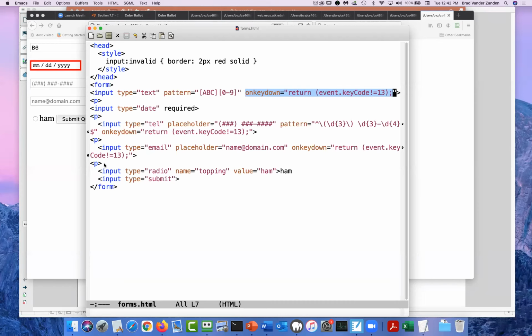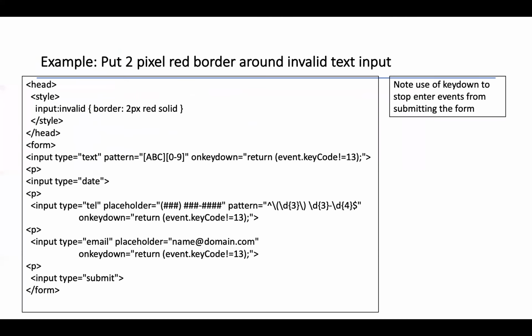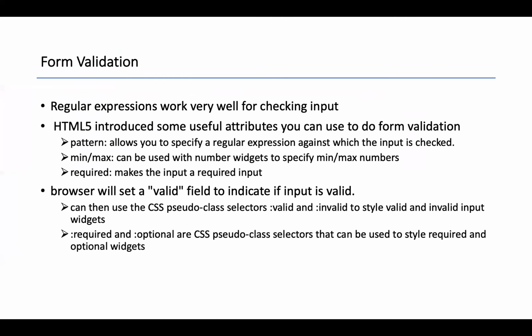So at any rate, just recapping here. Regular expressions work very well for checking input, and an HTML5 pattern does it. Min and max for the widgets are very helpful.